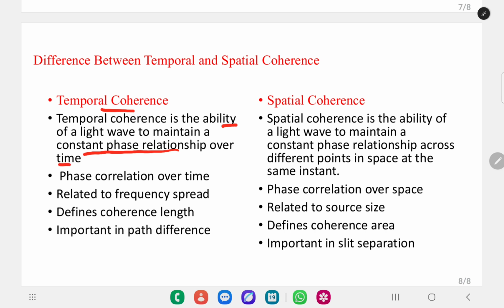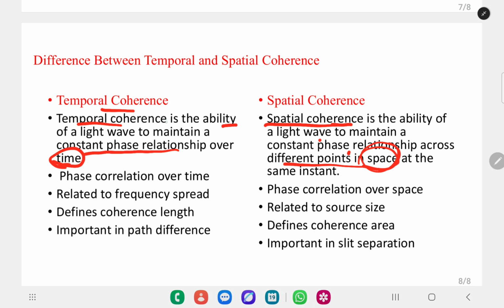If they maintain the same phase relation across space, then that is spatial coherence, the ability of a light wave to maintain a constant phase relationship across different points in space. Temporal coherence is related to time, spatial coherence is related to space.